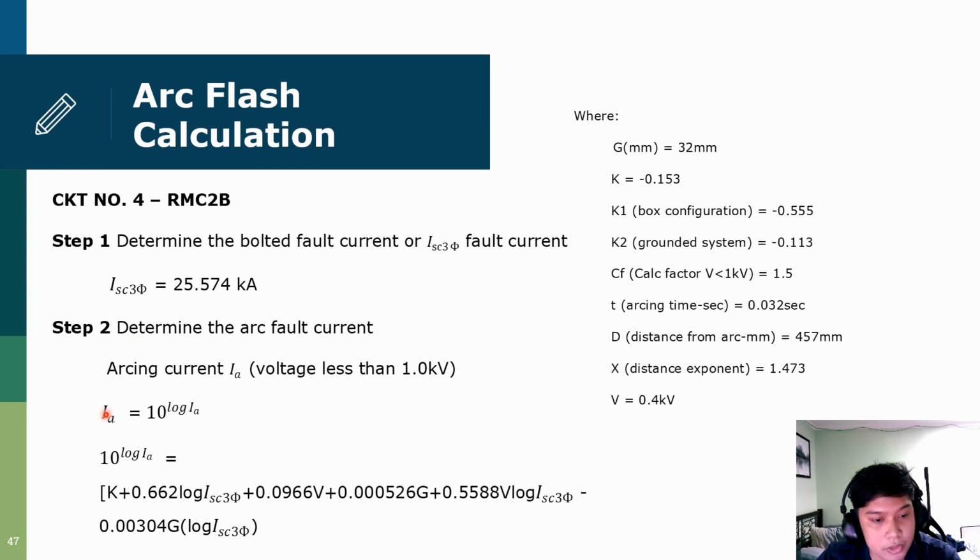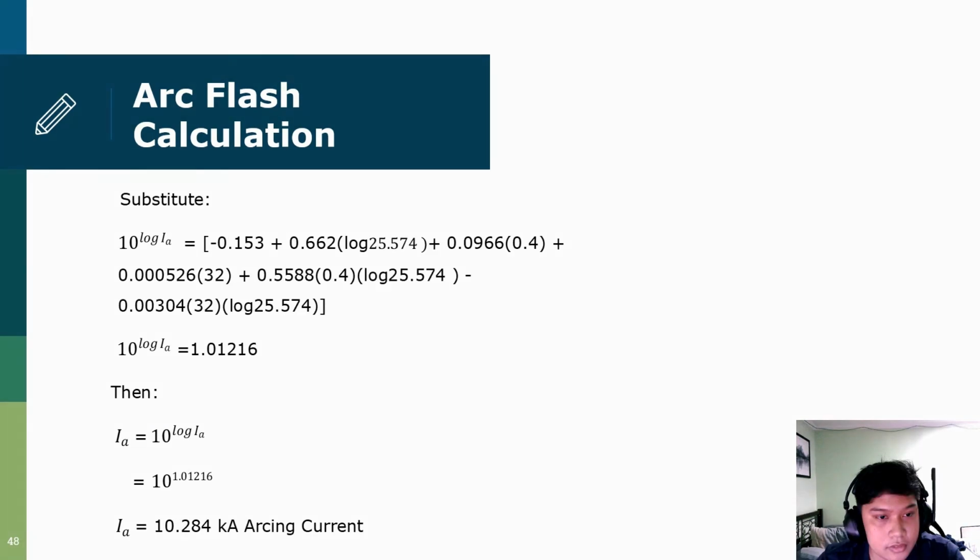This is the formula to be used, and this one, this is the variables. Substituting the variables to the formula, which is this one, the result of that is 1.01216. Substituting this value to this, 10 raised to 1.01216. Our arcing current is 10.284 kiloampere.